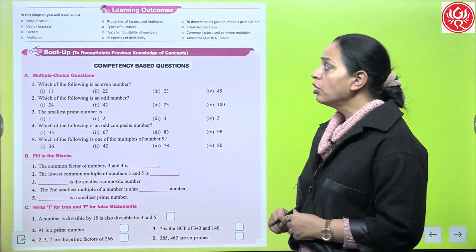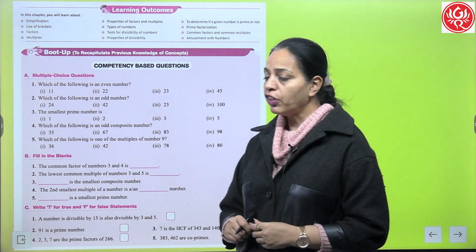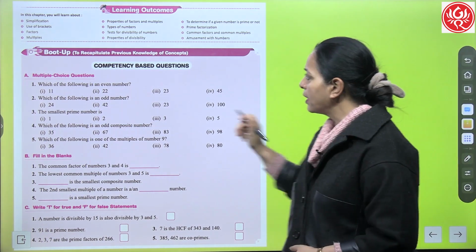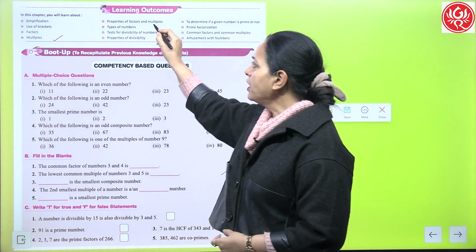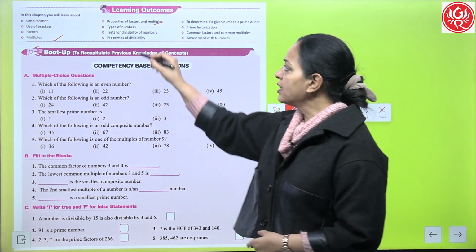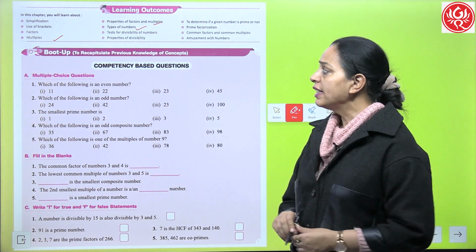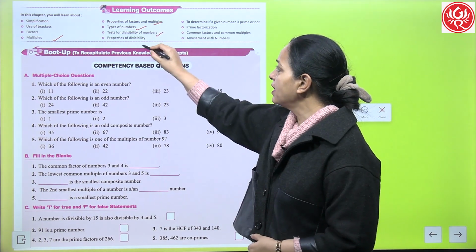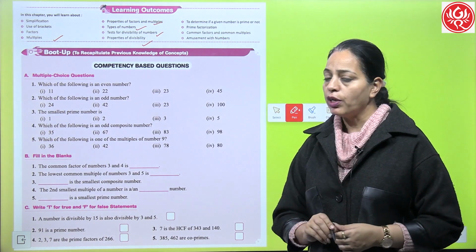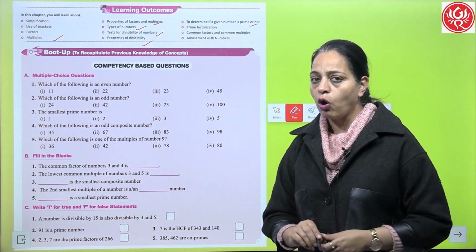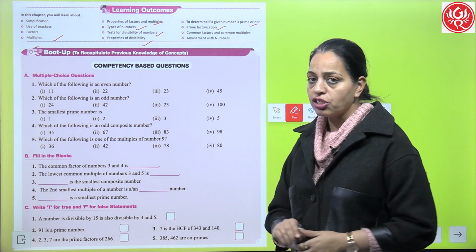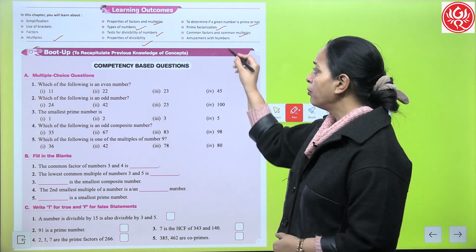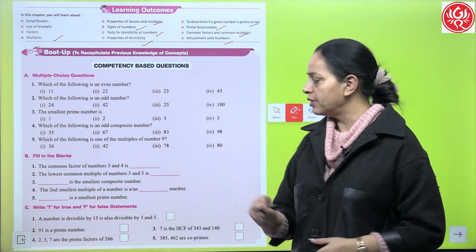In this chapter, you will learn about simplification, use of brackets, factors, multiples, properties of factors and multiples, types of numbers, test for divisibility of numbers, properties of divisibility, then to find if a given number is prime or not, prime factorization, common factors and common multiples, amusement with numbers.